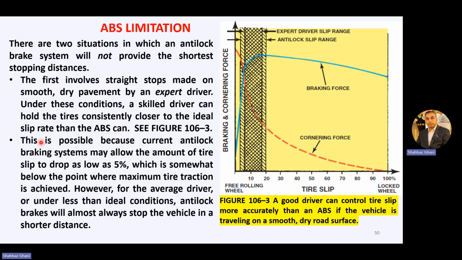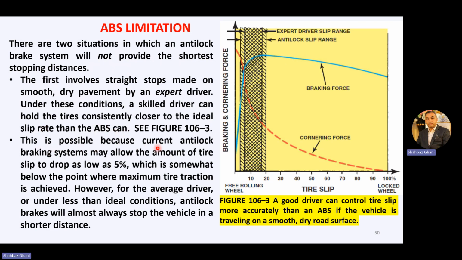We will see this graph. I repeat, the first involves a straight stop made on a smooth dry pavement by an expert driver. Under these conditions, a skilled driver can hold the tire consistently closer to the ideal slip rate than the ABS can.